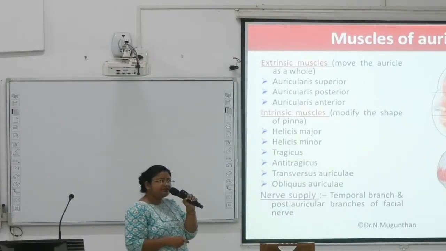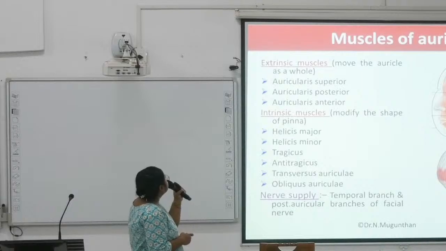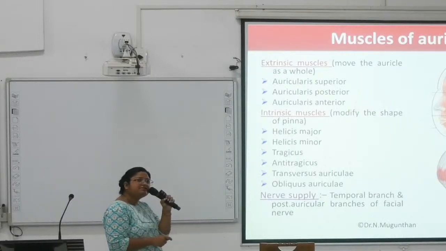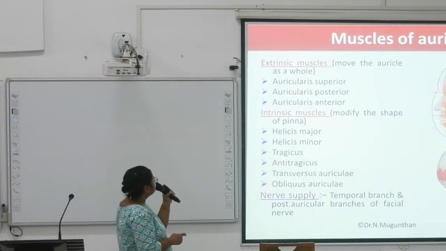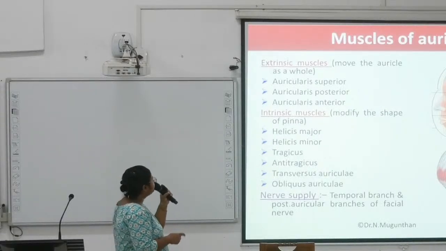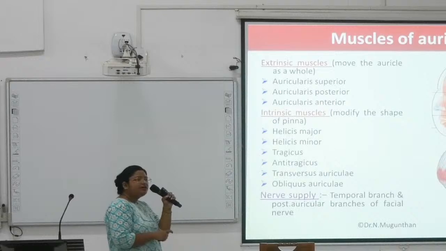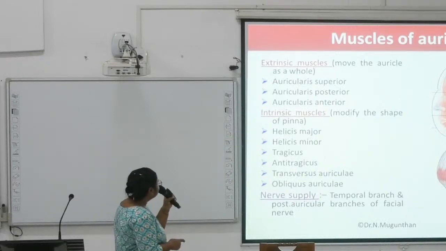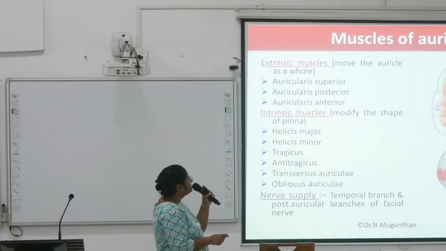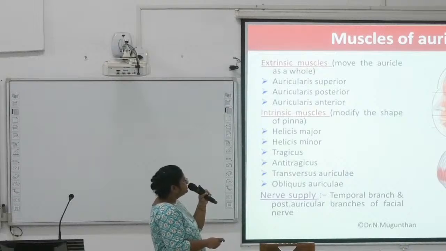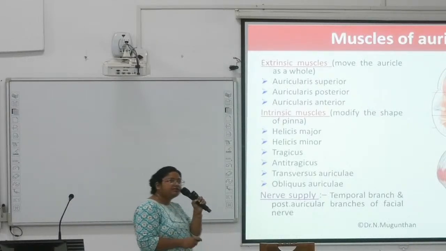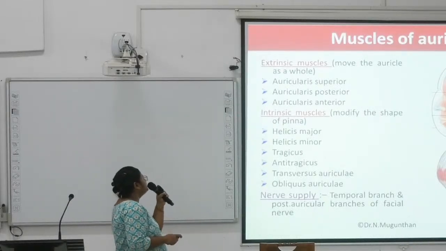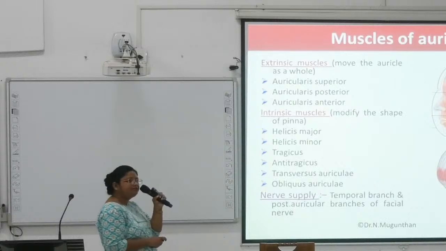Next we go to the muscles of the auricle. They have extrinsic muscles and intrinsic muscles. Extrinsic muscles move the auricle as a whole. These are three muscles: auricularis superior, auricularis posterior, and auricularis anterior. Here you can see auricularis superior, here is auricularis posterior, here is auricularis anterior. Intrinsic muscles modify the shape of the pinna.